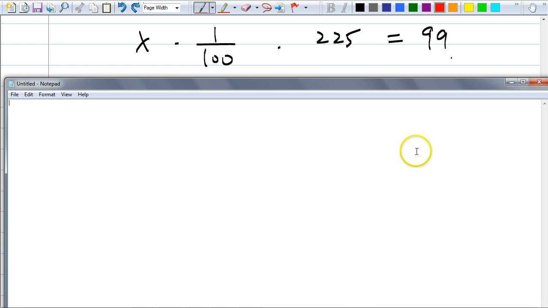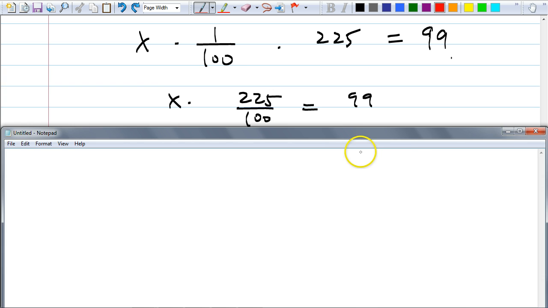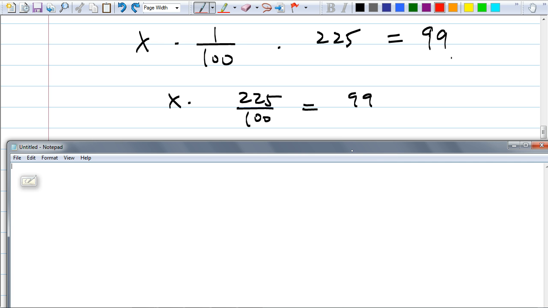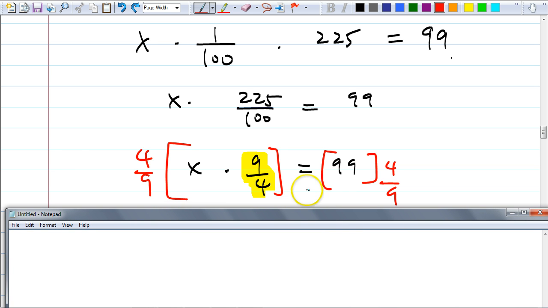Go ahead, everybody try. Okay, so I bet a lot of you got this. x times 1 over 100 times 225 equals 99. It's just simply x times 225 over 100 equals 99, right? Does anything go into 225 and 100? 25. Okay. And so you get 9 over 4, don't you? So of course multiply both sides by the reciprocal just like before.